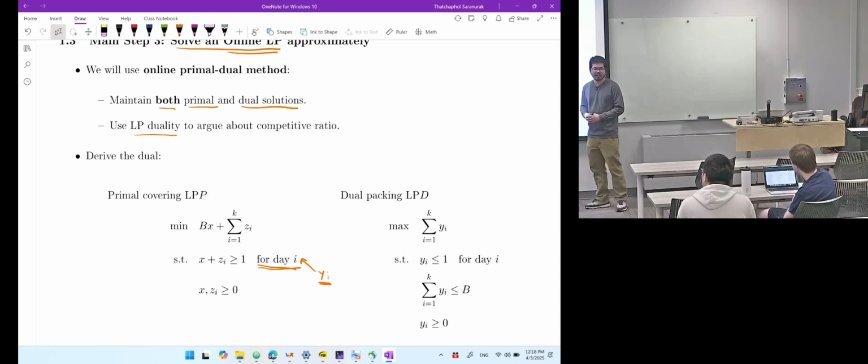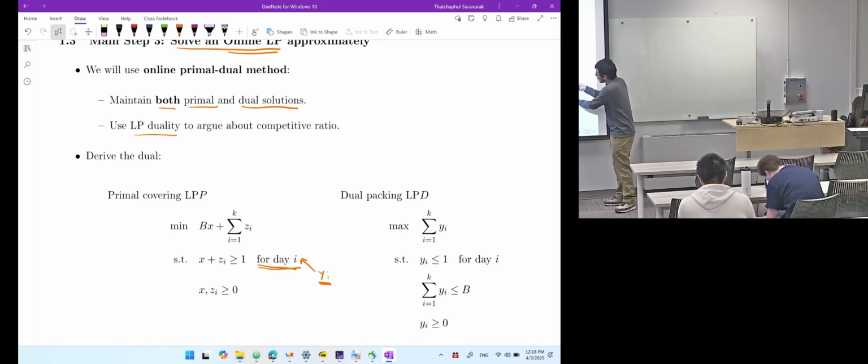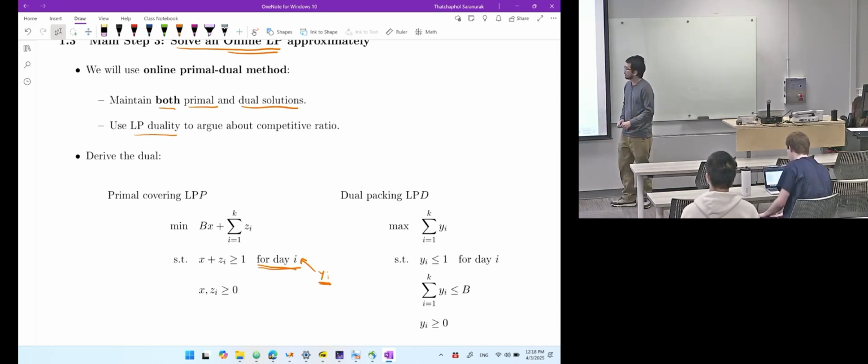Again, I will not derive it for you, but I encourage you to do it at home and convince yourself, or at least try to convince yourself quickly that it's the dual. But let's still interpret this a bit.